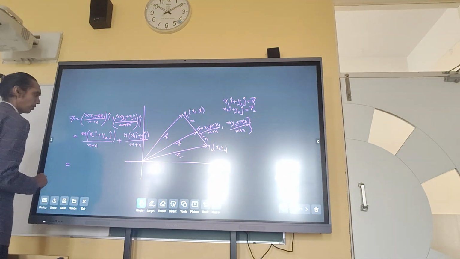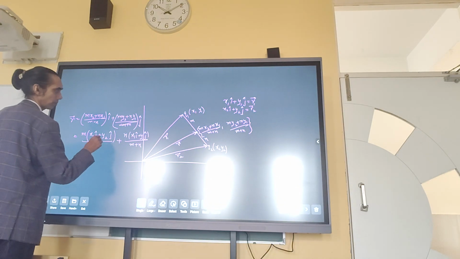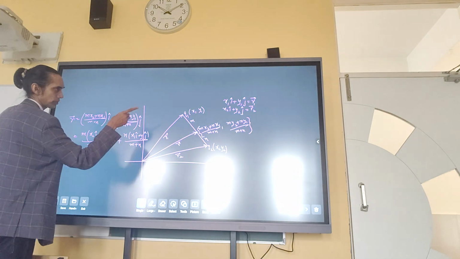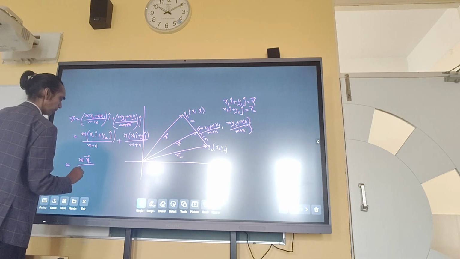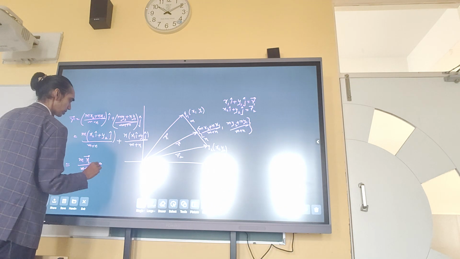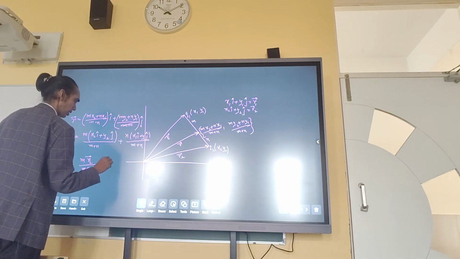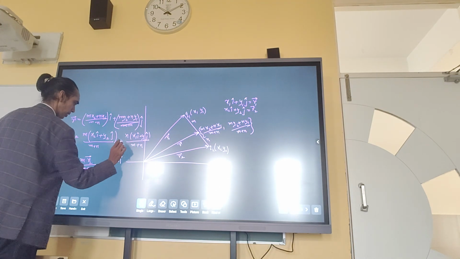If we look into it minutely, then we are having m, and which vector is this to be replaced by? Check from there, R2. So m R2 divided by m plus n, and the other one to be what to us is n R1 divided by m plus n.